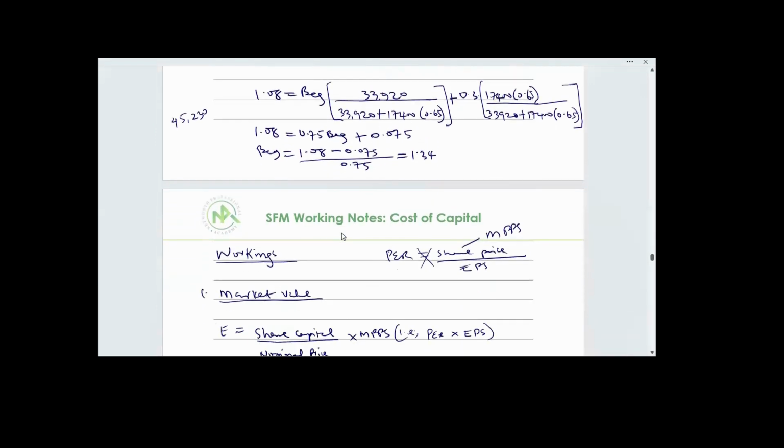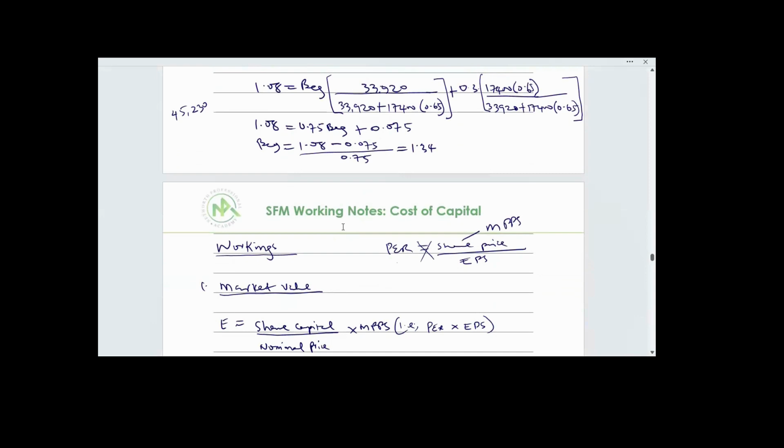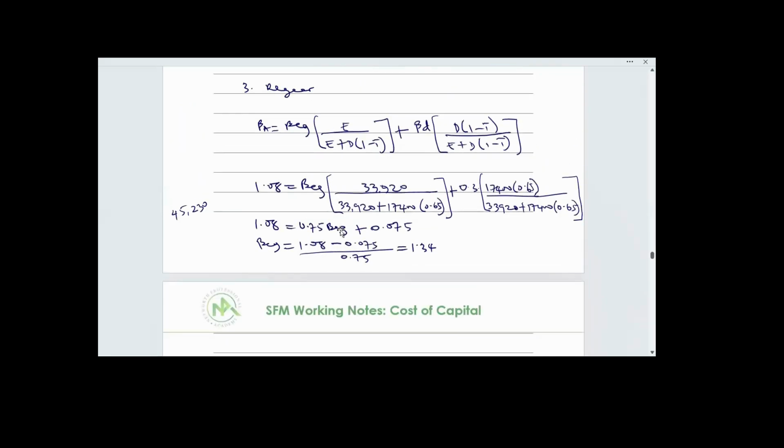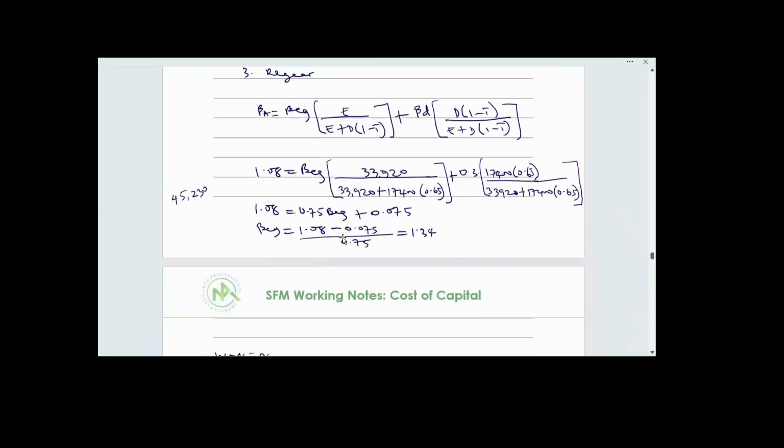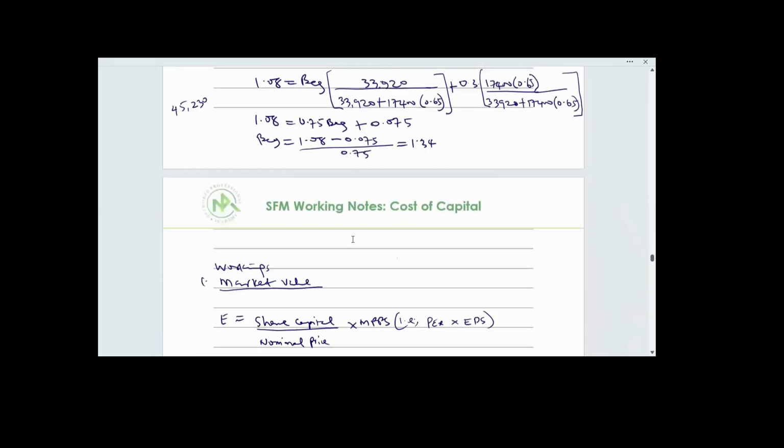So at this point, I need to calculate my work. Since I don't have sufficient space, let me remove all the workings. I'll push this one down. All right, working. Now, step number 5 is for me to calculate. So I still need more space. Okay, let's go down there and put it and continue.